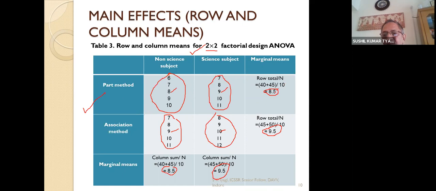And these are the means of the total row, the full row. 6 plus 7 plus 8 plus 9 plus 10 plus 7 plus 8 plus 9 plus 10 plus 11 divided by 10 is 8.5. So this is the mean of the whole row, the mean of the second row, the mean of the first column, the mean of the second column. Let us see how this table of means looks.